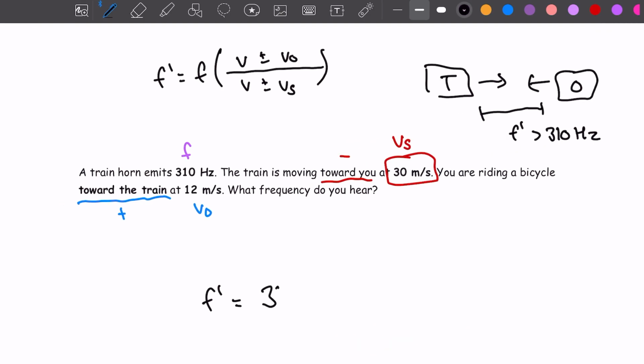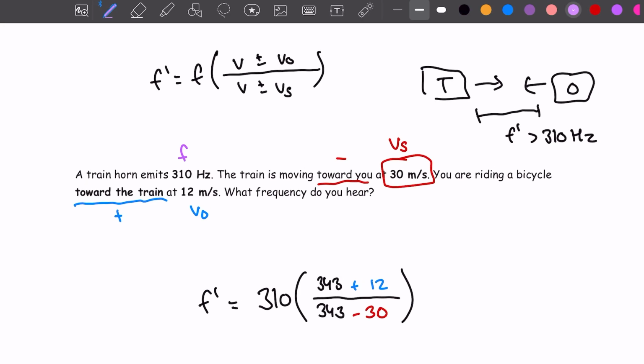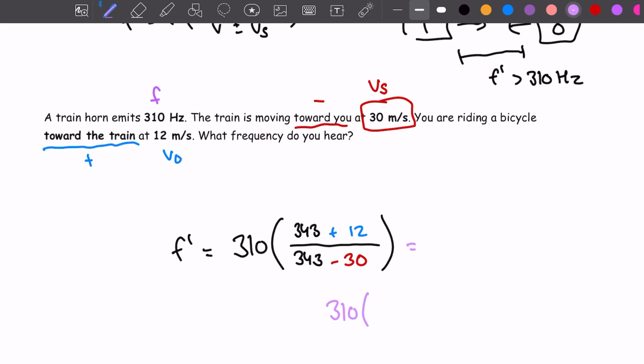F prime is equal to 310 times 343, and we picked plus 12. And in the bottom, we have 343 minus 30. Now when we solve, we get 310 times 355 over 313.